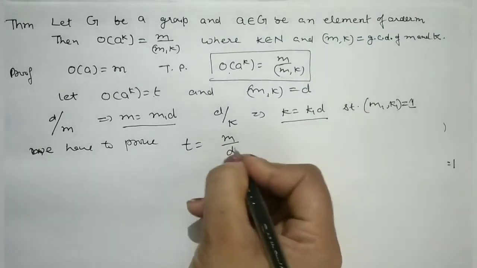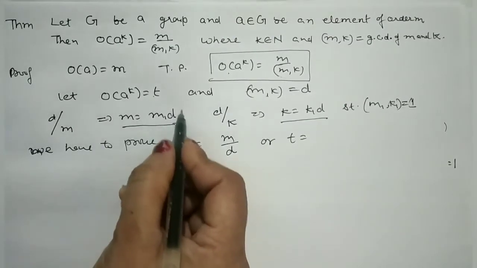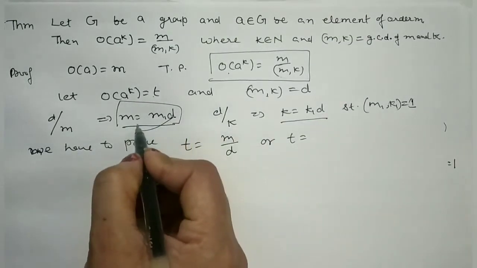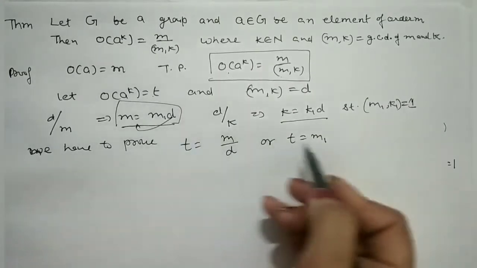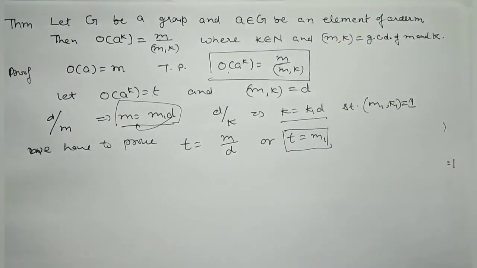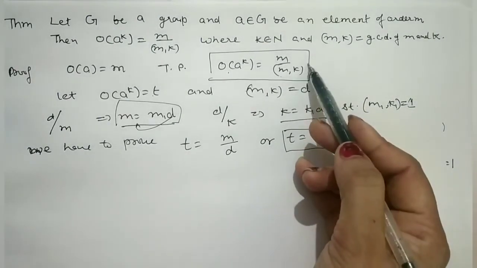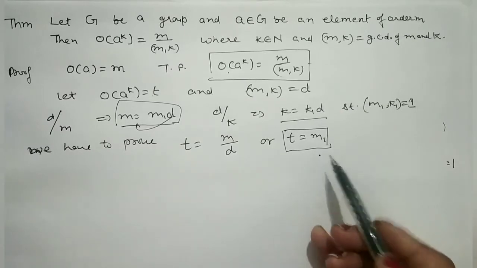We have to prove t is equal to m upon d. From here, if we solve, taking d on the other side, m upon d will be m1. So this is the result we will prove. So now we have come from this to t is equal to m1, the result we need to prove.